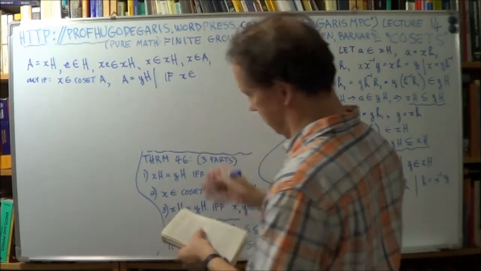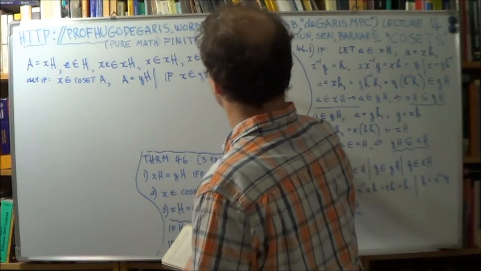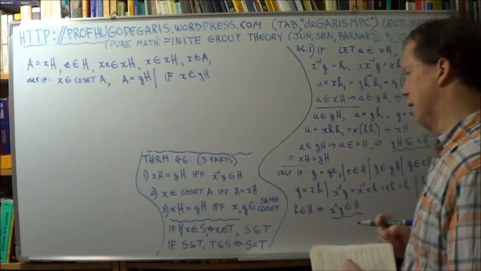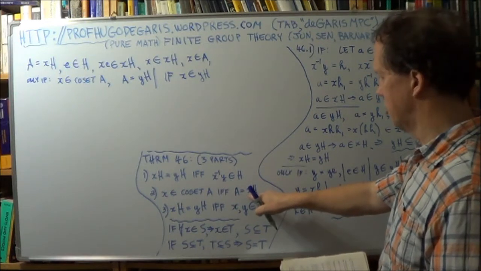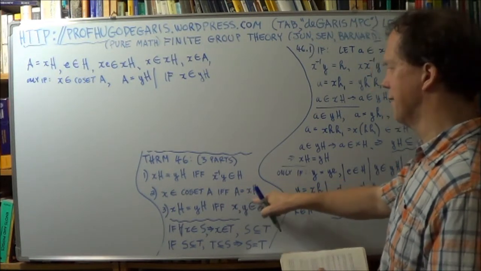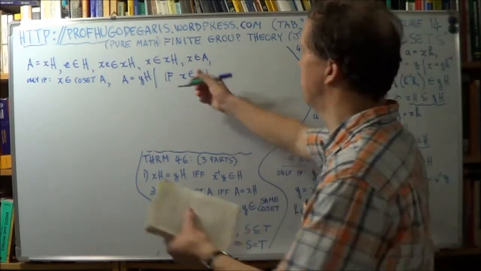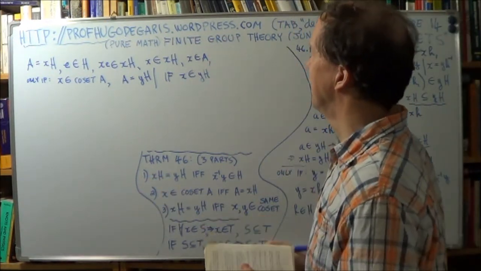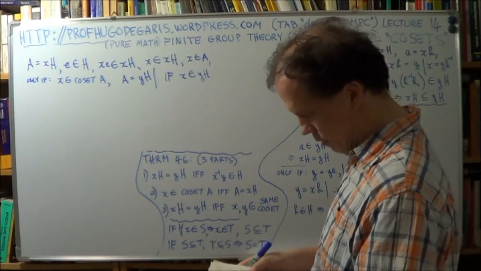Okay. Now, if x belongs to yH, now why am I doing this? Because I'm trying to get to the right hand side, right? So I need to be talking about x somehow. So let's bring x into the discussion. All right.